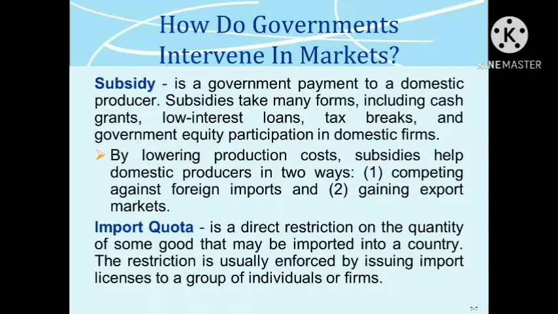Then we have import quota, which is a direct restriction on the quantity of some good that may be imported into a country. The restriction is usually enforced by issuing import licenses to a group of individuals or firms. So, for example, the Philippines has a quota on rice imports.